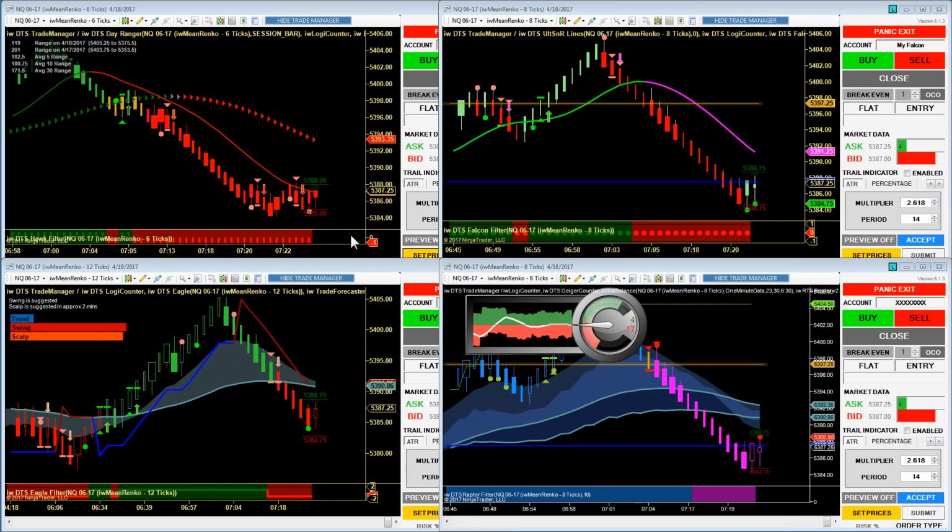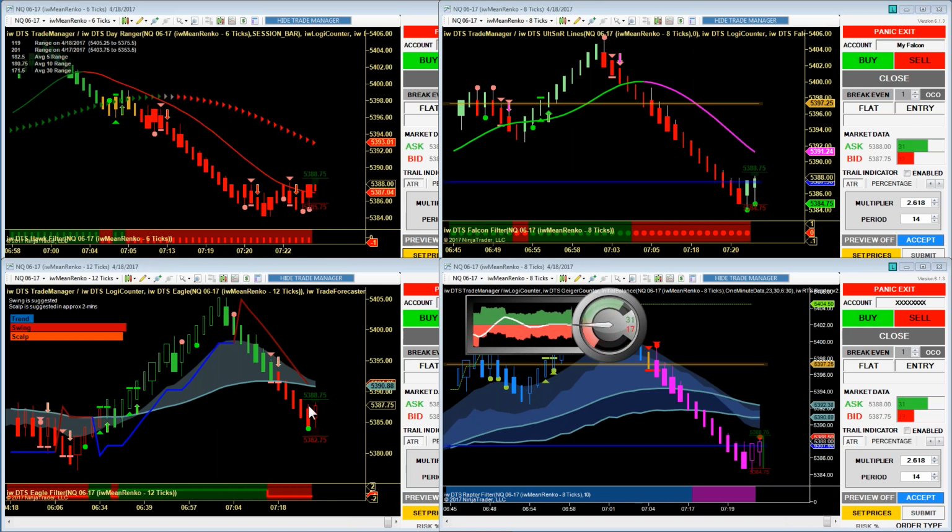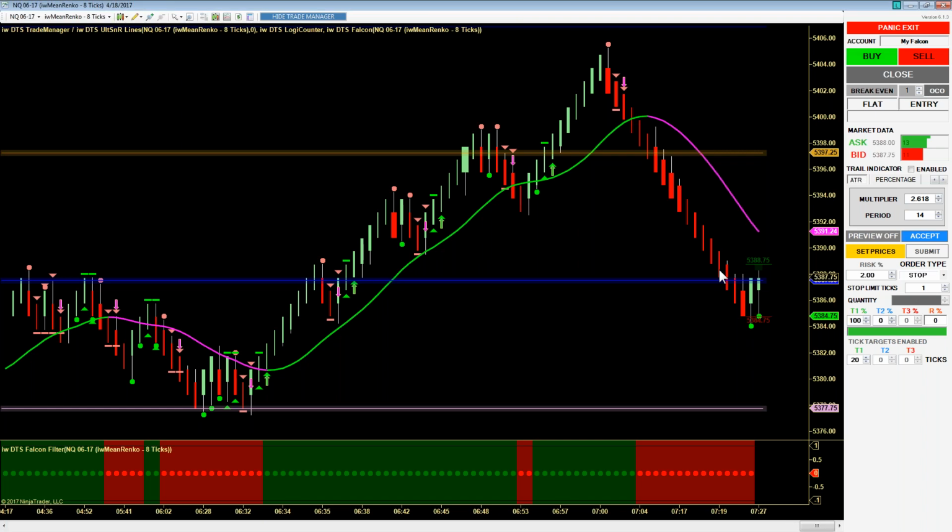We're pretty much full on bearish here with the hawk. Eagle, not yet. And the falcon, well, in spite of the market falling off so quickly, we really haven't produced a trend change signal just yet.